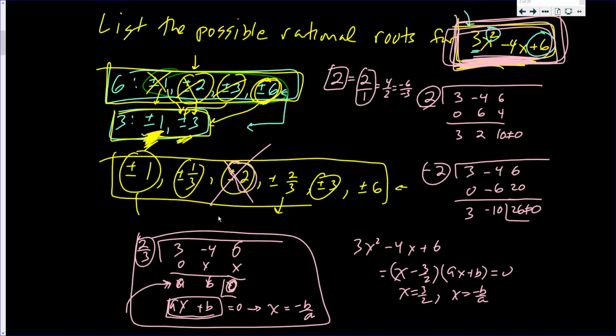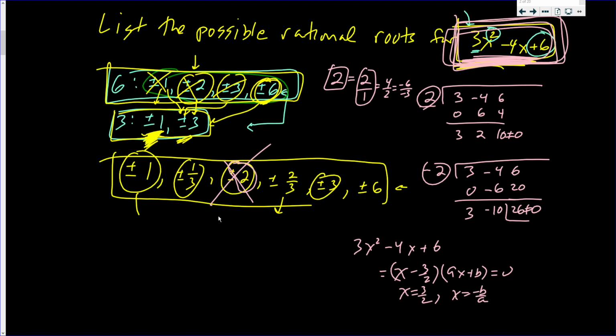In fact, just in case it is, why don't we try it, and if it doesn't work, we'll move on to the next problem. And also, we get to deal with fractions. 3 plus 0 is 3. Now 3 times 3 halves is 9 quarters.